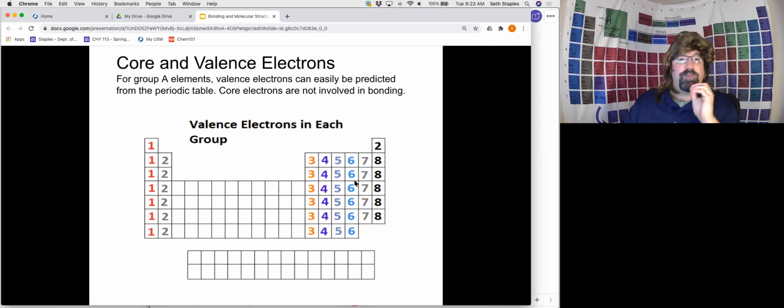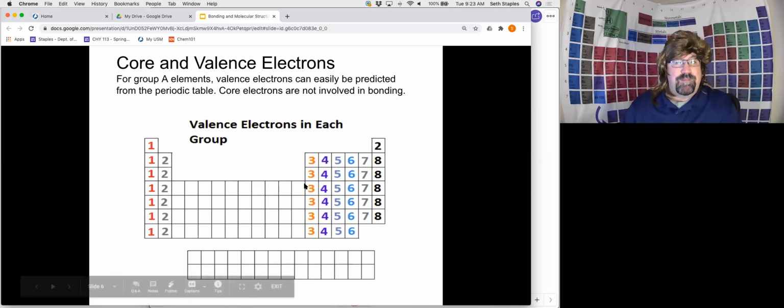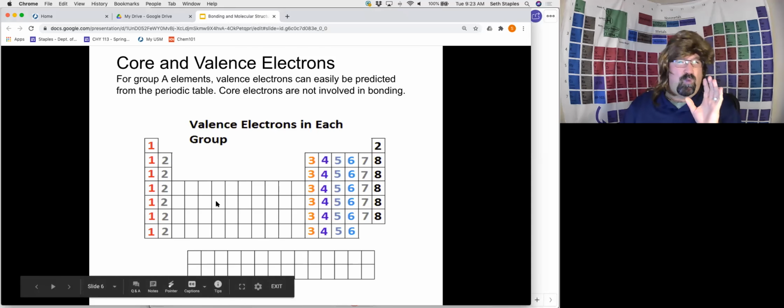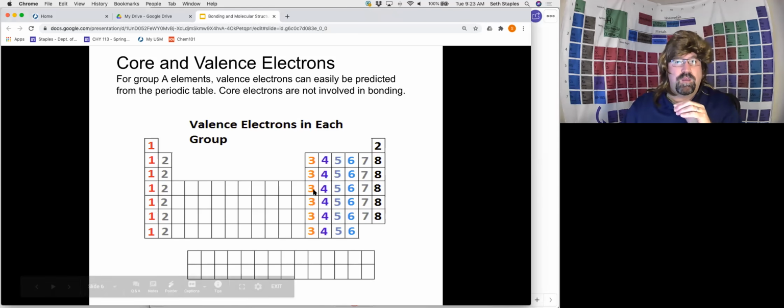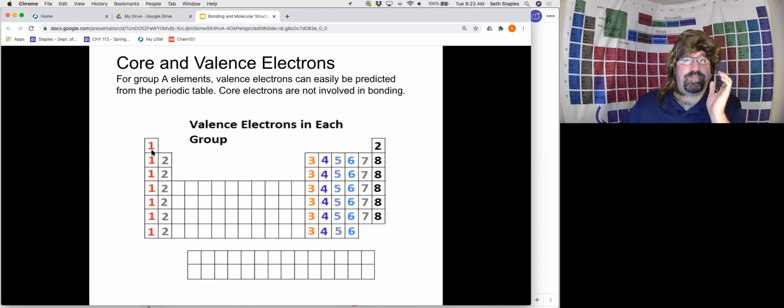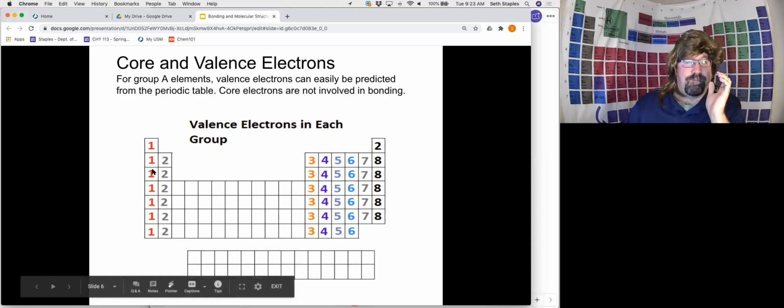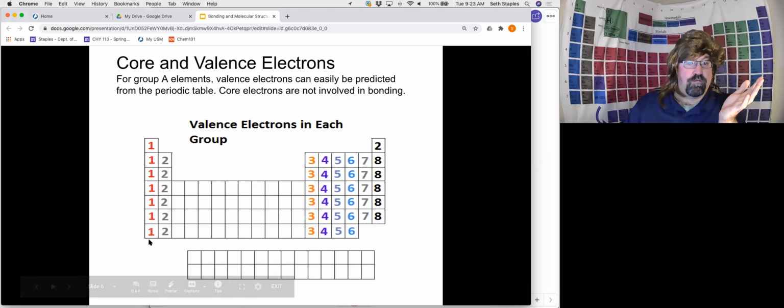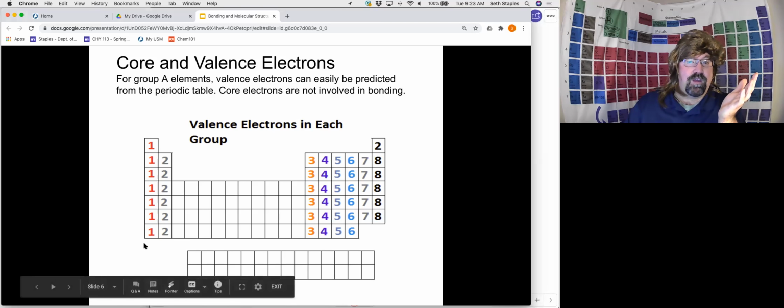We use our old friend, the periodic table. This is another one of the ways that the periodic table is arranged. If we skip the transition metals, remember we have that weird dynamic with the transition metals with the 3d being filled after 4s and so on. So if we're thinking about the main group elements, everything in the first group, the first family, the alkali metals, 1 valence electron.